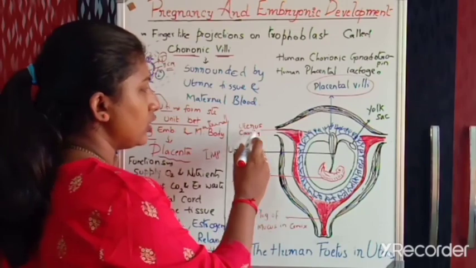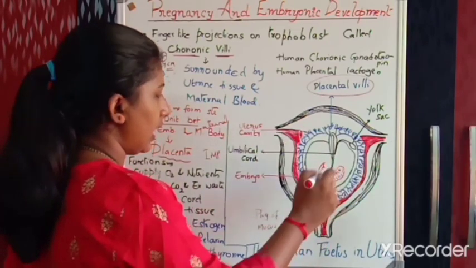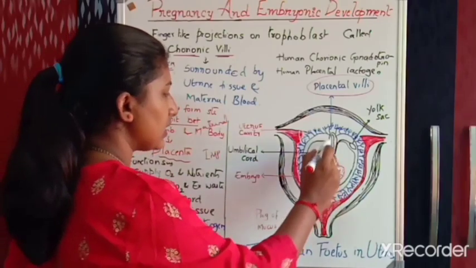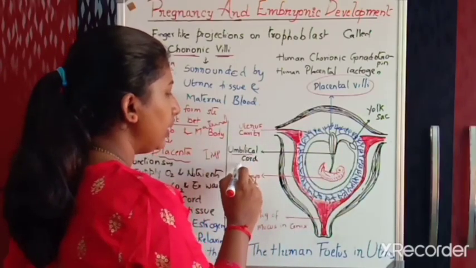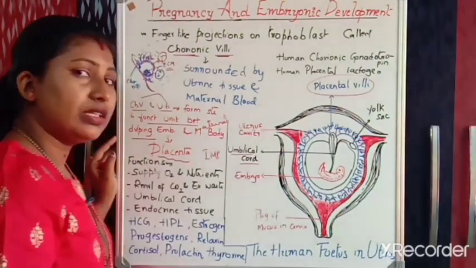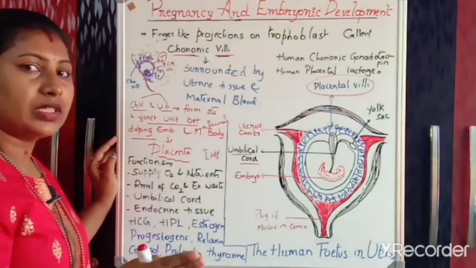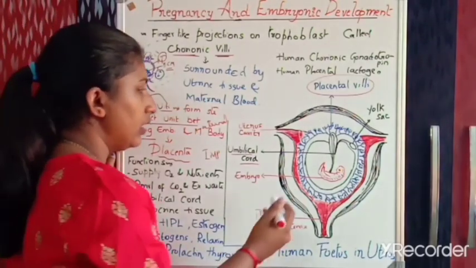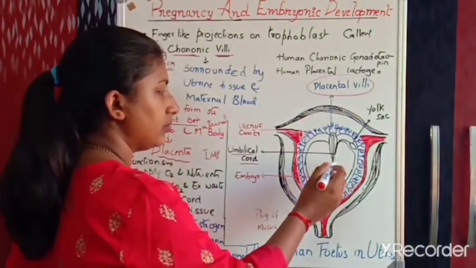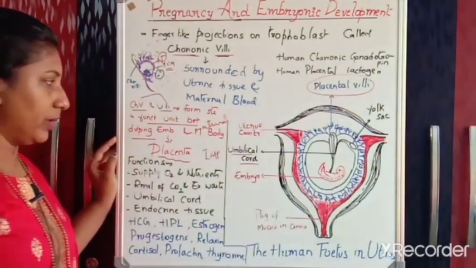Okay, so this is the uterine cavity. Can you see this blue color one? So this is the uterine cavity, and there is a structure called the umbilical cord. Okay, so after delivery, this umbilical cord will be cut. It is detached from the fetal body.